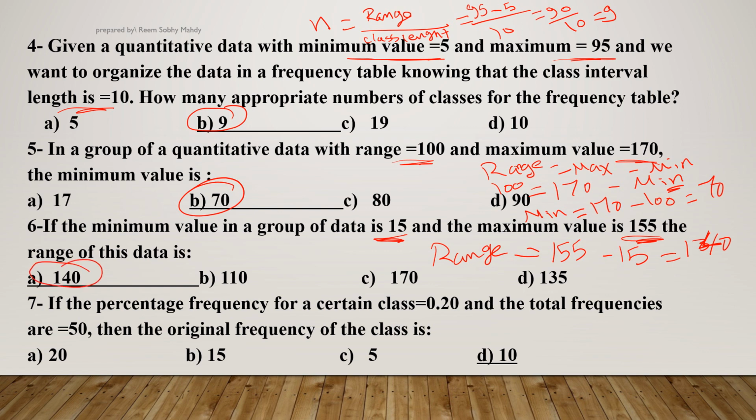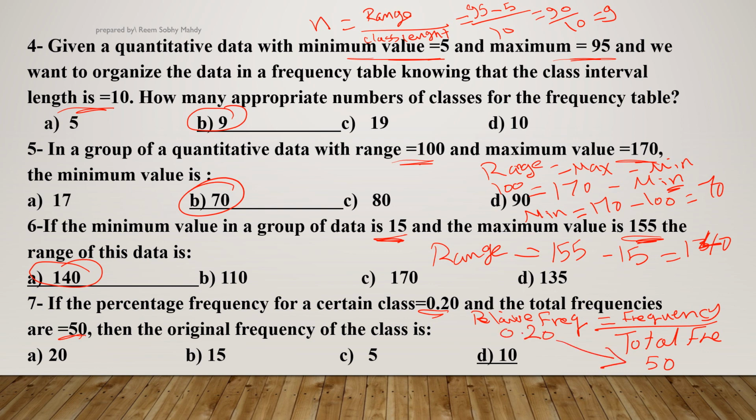The percentage frequency for a certain class is 20%, and the total frequencies are 50. Then the original frequency of the class is, as the percentage, the relative frequency for a certain class equals the frequency of the class over the total frequencies, and the total frequencies here equal 50, and the relative frequency here equals 20%.